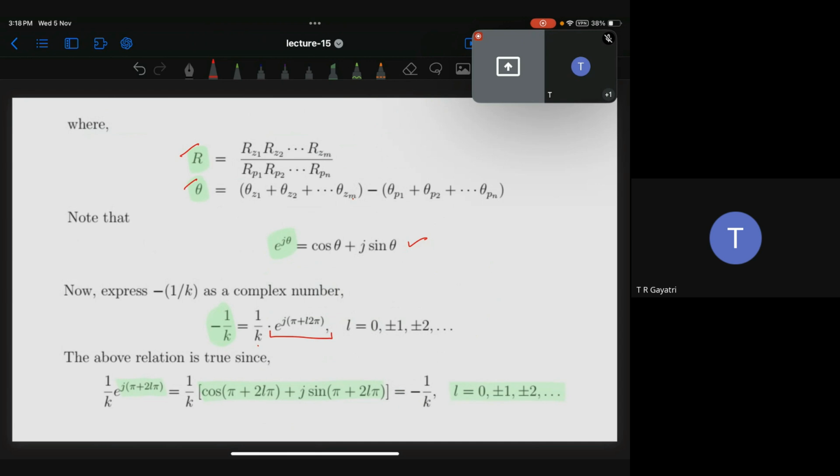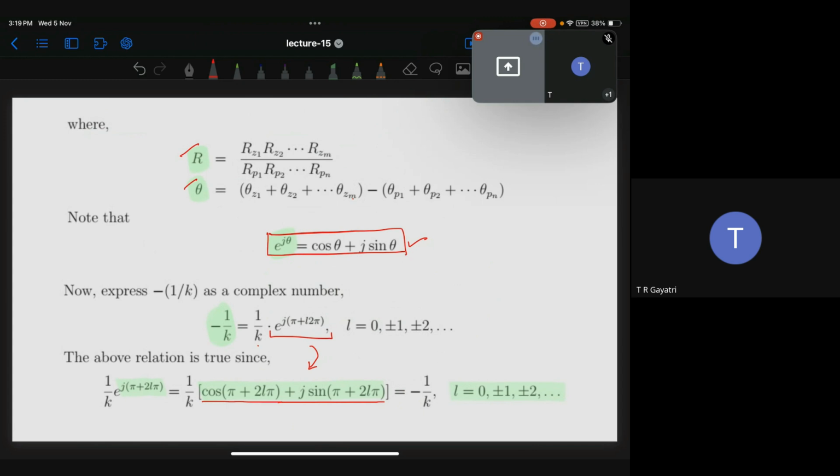Now if you expand this term, that will be cos of pi plus 2l pi plus j sin of pi plus 2l pi, because e power j theta is cos theta plus j sin theta.